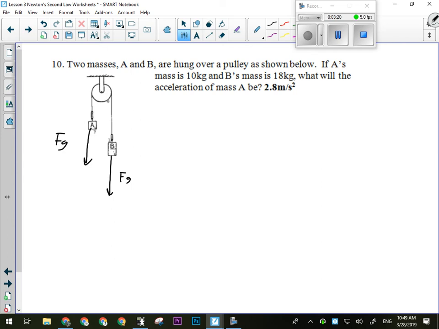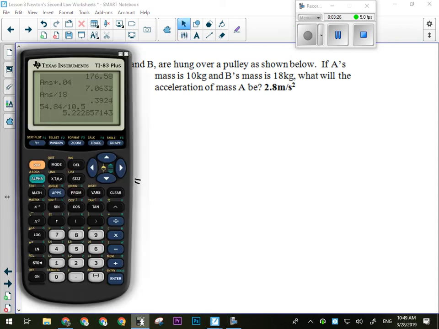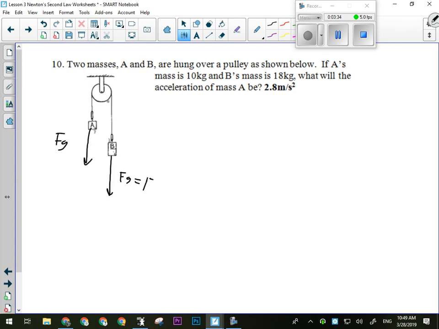Mass A is 10 kilograms and mass B is 18 kilograms. The force of gravity on mass B will be 18 times 9.81, so we're looking at 176.58 newtons there, and this is obviously 98.1 newtons here. So we've got our two forces.